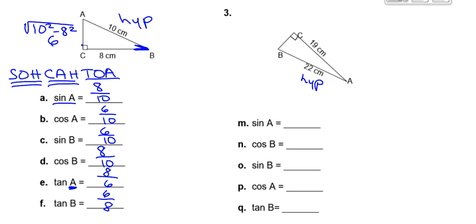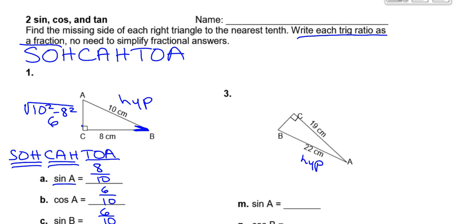I would suggest that you label the hypotenuse so that when you find BC, you're going to do the square root of 22 squared minus 19 squared. Remember the directions say to find the missing side first, round that to the nearest tenth, and then write each trig ratio as a fraction. No need to simplify fractional answers at this point. And I will see you tomorrow.